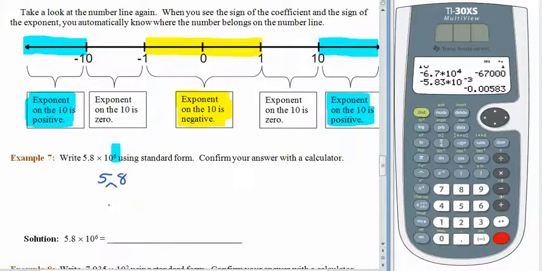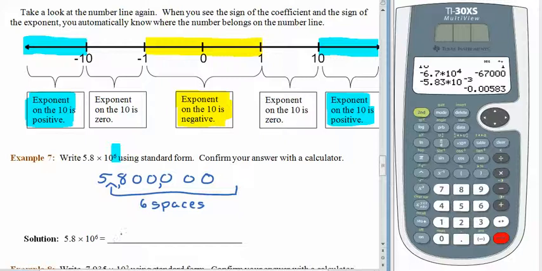Just put a little mark there so we can keep track of where it was. In order to make this large, because we need to be far away from 0, we have to move 6 spaces. The 8 already takes up one of those spaces, so we're going to need some placeholders, and that means 5 zeros.